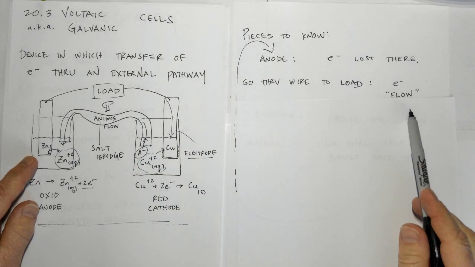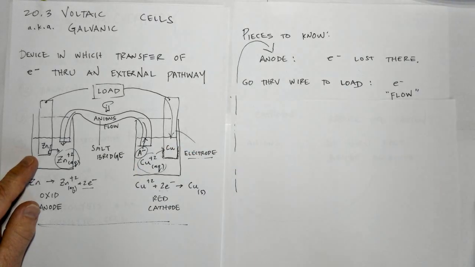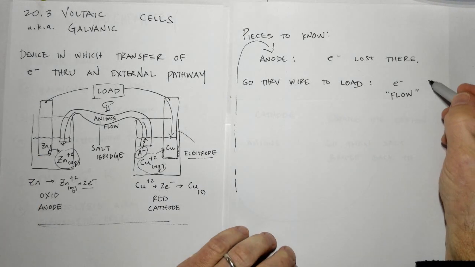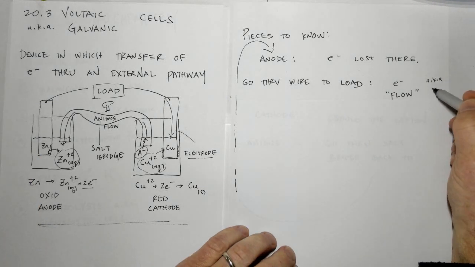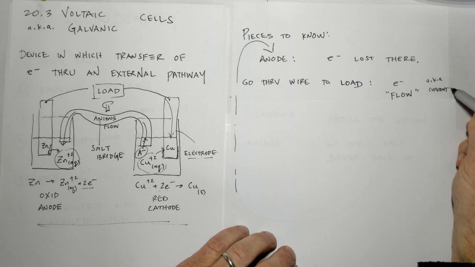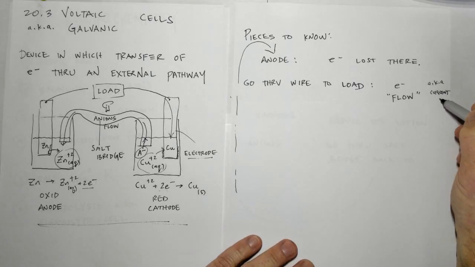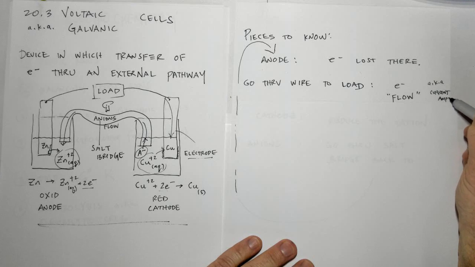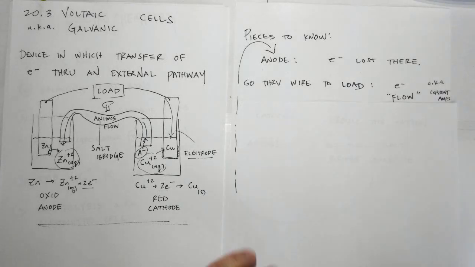The electrons flow. This flow of electrons, by the way, is also known as current. And if you know anything about electricity, current is measured in amperes. And we'll take a look at amperes way at the end of this unit.